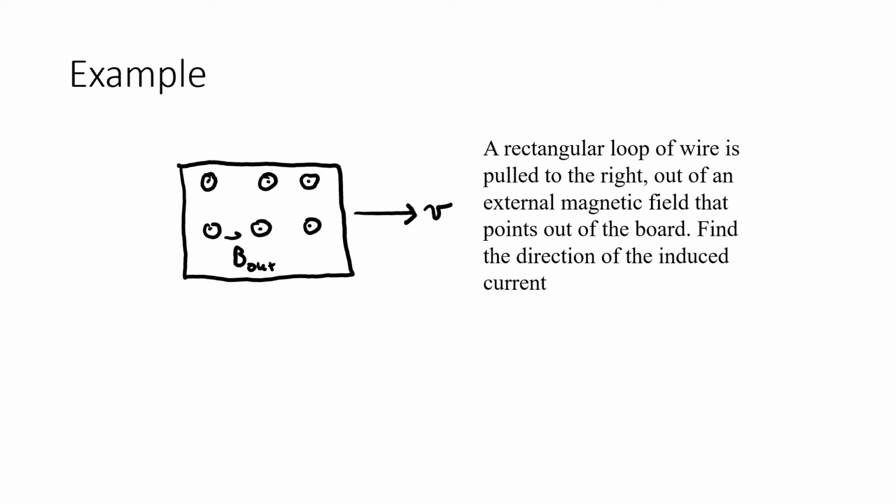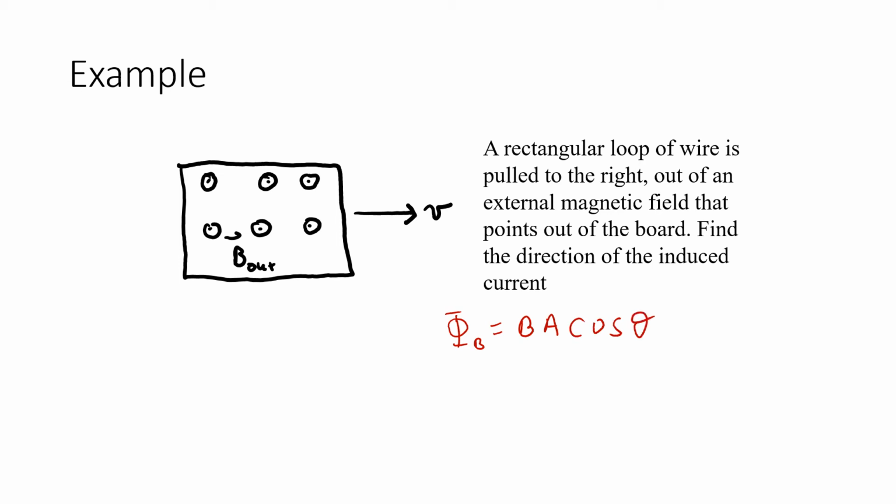Now here I have a rectangular loop of wire, and this loop of wire is pulled to the right out of an external magnetic field that points out of the board, as indicated by the dots here. Now find the direction of the induced current. If I take my flux equation again, the magnetic flux is equal to the magnitude of B times the magnitude of A times the cosine of theta.